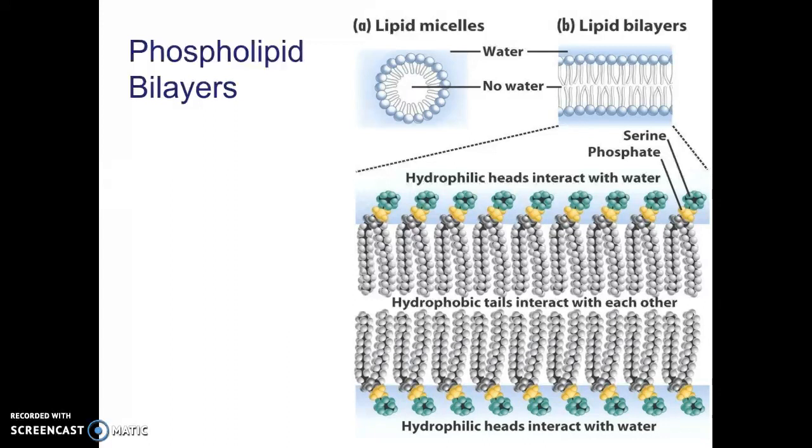But there's going to have to be no water on the inside of that micelle. And because there's no water on the inside, this is not a very good plan for a cell. It's just too small to contain the genetic material and all the proteins that are responsible for intermediate metabolism.